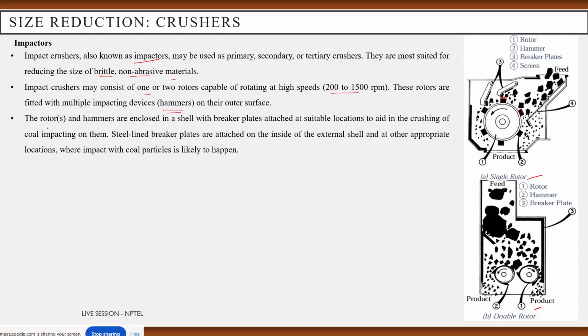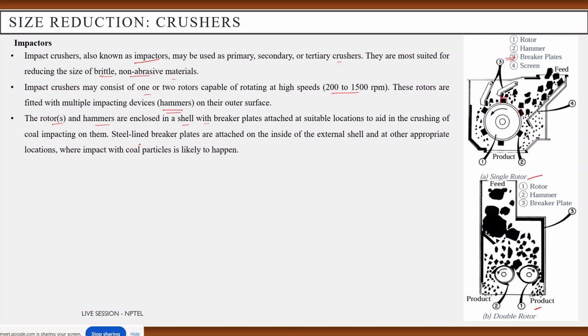Now, coming to the rotors and hammers, these are enclosed in a shell with breaker plates. These are the breaker plates, denoted by number 3, attached at suitable locations to aid in the crushing of coal or any material impacting on them.